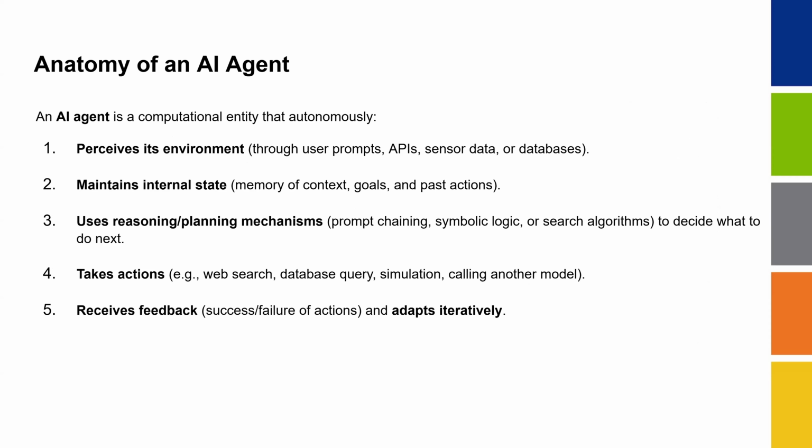Moving ahead to what the anatomy of an AI agent looks like. An AI agent is a computational entity that autonomously perceives its environment through user prompts, APIs, sensor data, or databases. It maintains an internal state, so it does have memory of context. It does have goals, which are assigned to it at the coding level.